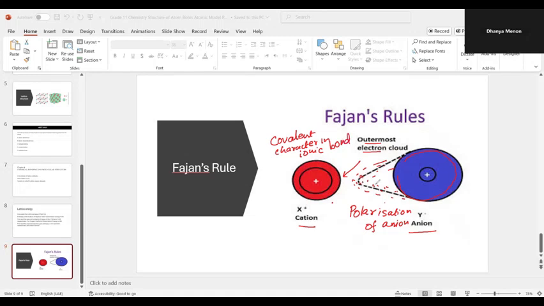By the cation. Because of which, who gets polarized? The anion gets polarized. And because of this, what happens? There is some amount of covalent character in that ionic bond. And this happens in all ionic compounds. Okay?